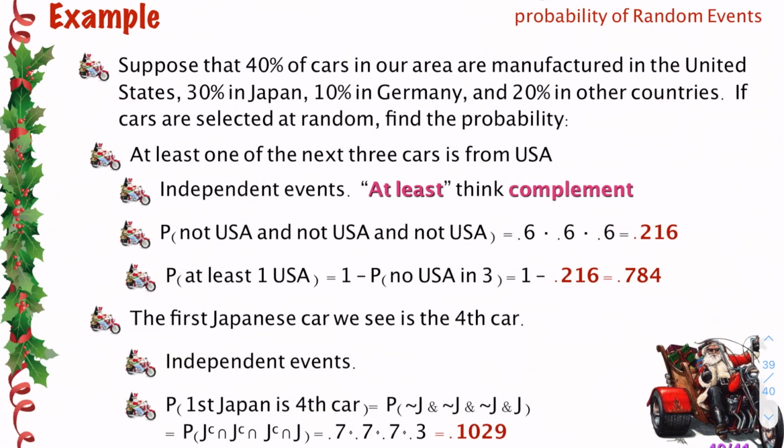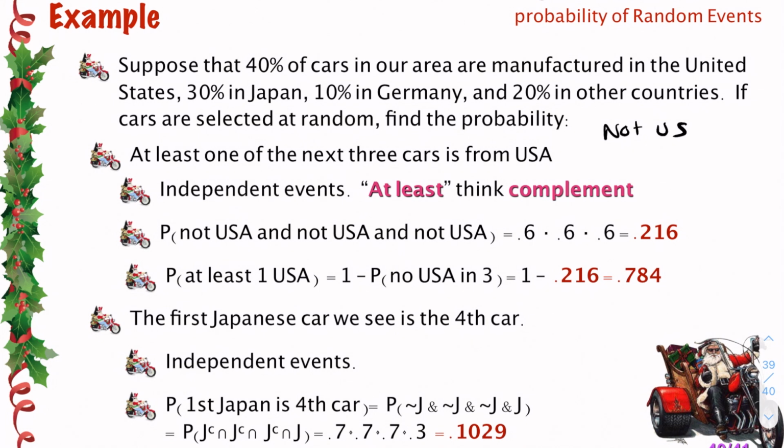Same numbers. If I asked you what's the probability that at least one of the next cars is from the US, I need you to think in complements. Independent events, yes, they are independent. At least, think complement. So if we have three cars driving by us, what's the probability that at least one of the next three cars is from the US? Think not US for all three.